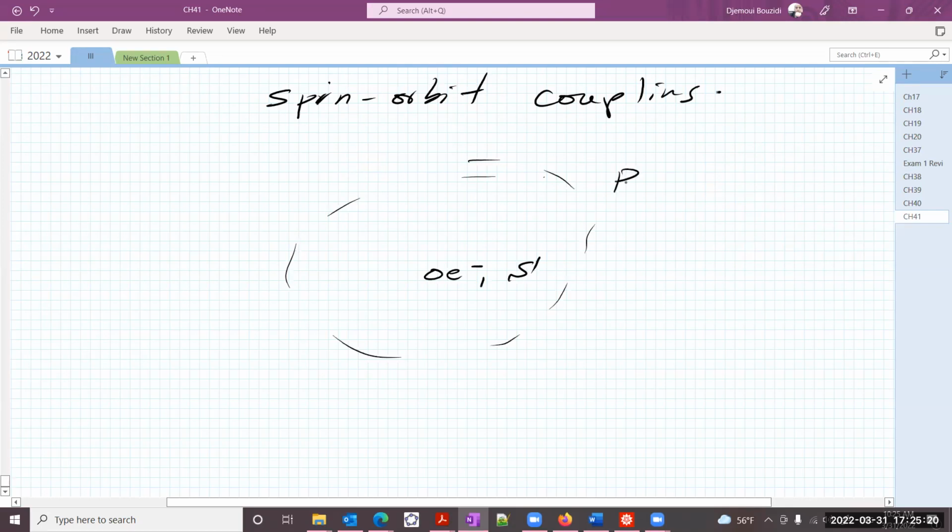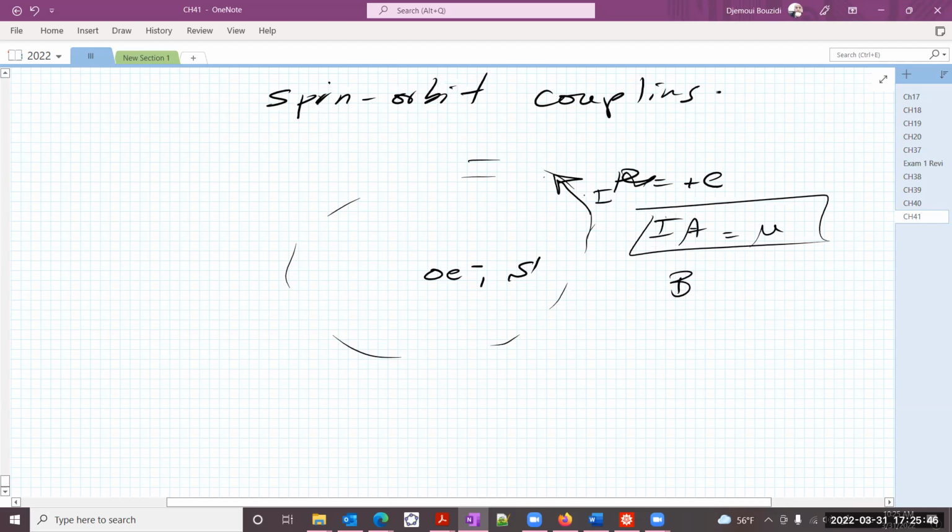So because the proton has a positive charge now, positive e, that is going to create a current, I. And then I can proceed by finding the mu for that, okay? Once I find the mu for that, actually, I can find the magnetic field using Ampere's law. So once I find the magnetic field due to the proton, because it's a charge in motion, that means it's a current in motion. That means I can use Ampere's law to find the magnetic field at that point.